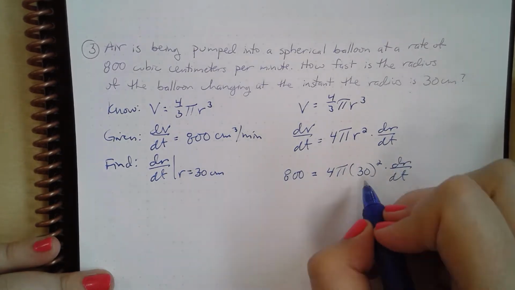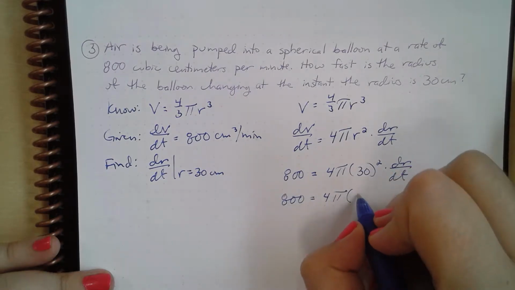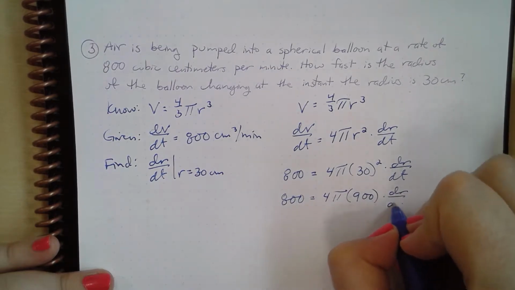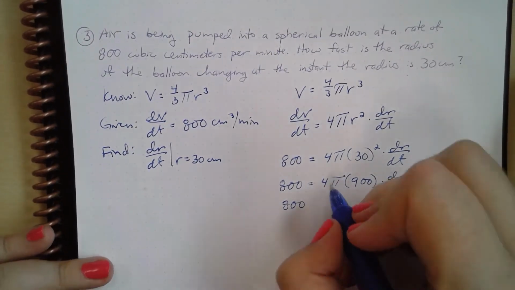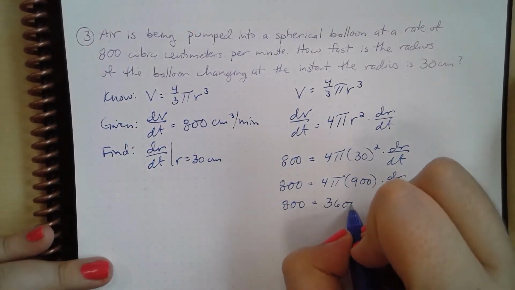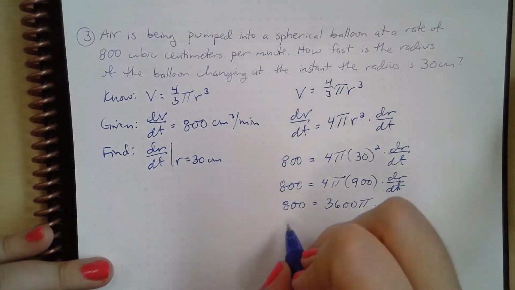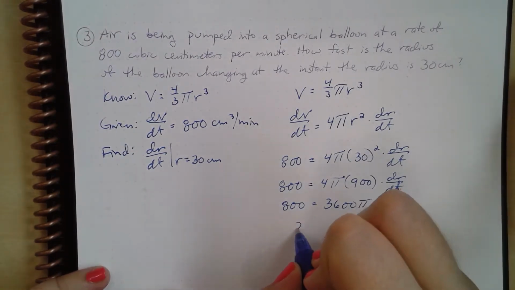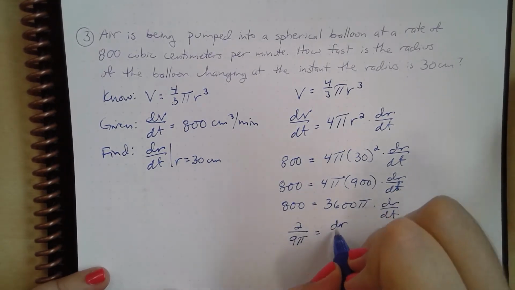So 800 is equal to 4 pi times 900 times dr over dt. So 800 is equal to 3600 pi times dr over dt. If I divide 800 by 3600, I did it on a calculator, but anyway, it's 2 over 9 pi is equal to dr over dt.